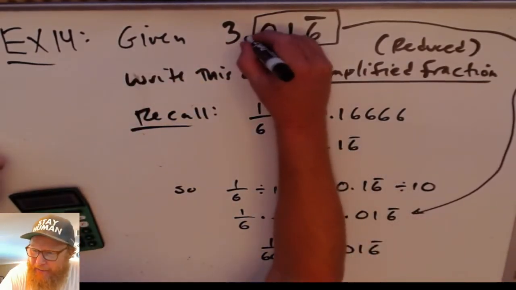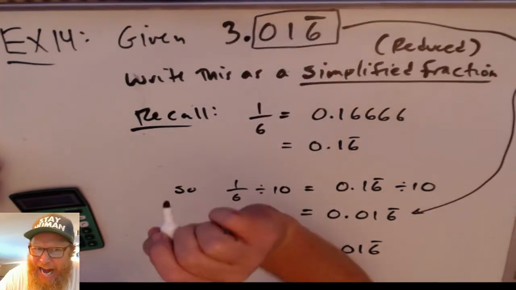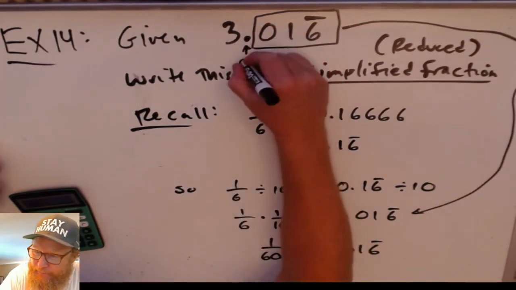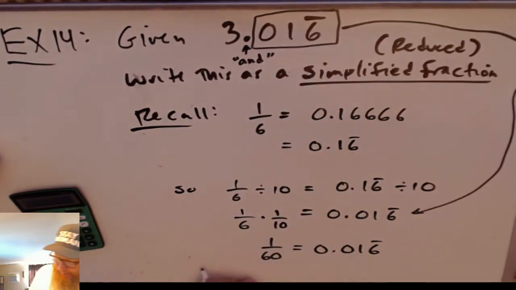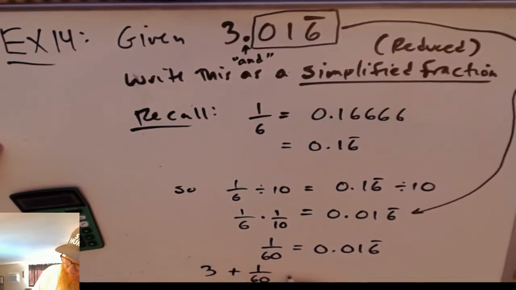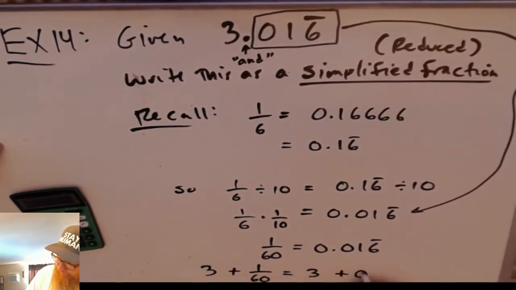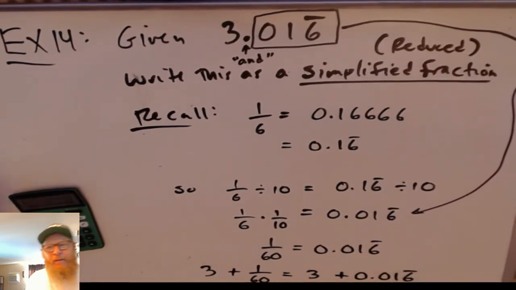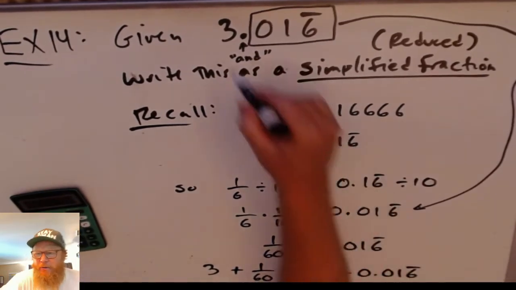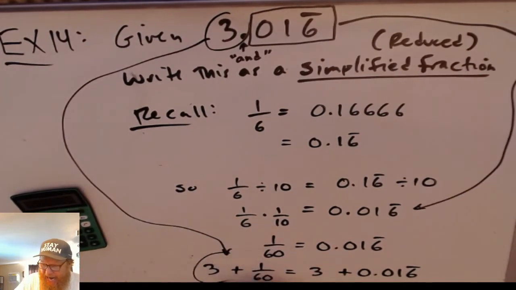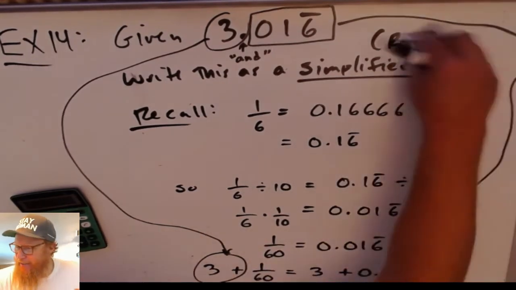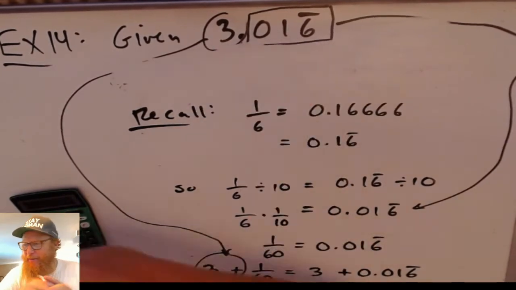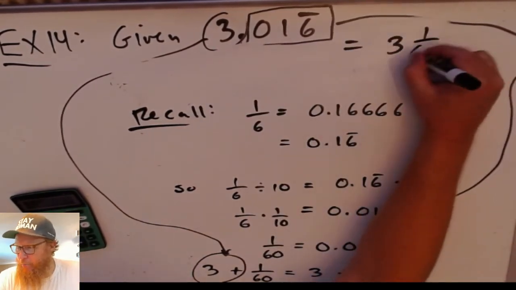Just remember that the decimal point is "and," and "and" means plus. So 3 and, or 3 plus 1/60th. And so the answer is 3 and 1/60th.